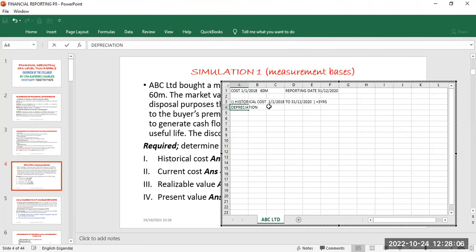And the formula for getting depreciation is cost minus the salvage value, or the scrap value or the residual value from our financial accounting, then this will be divided by the useful life.